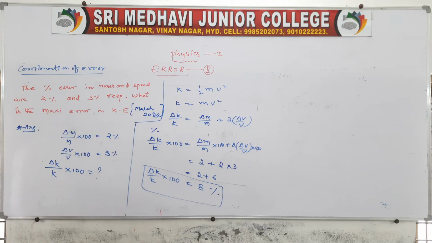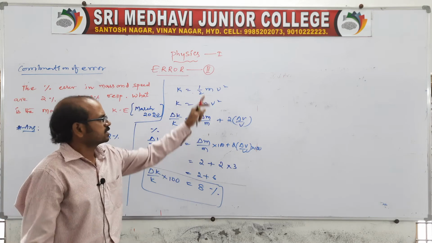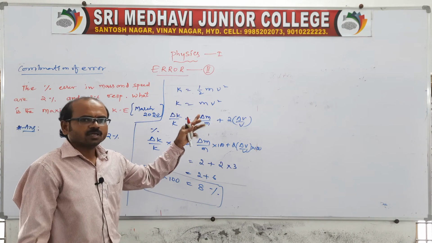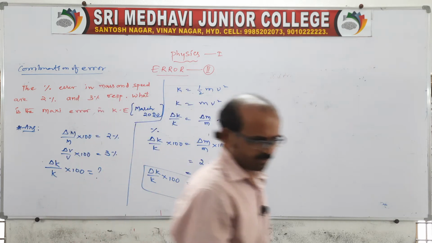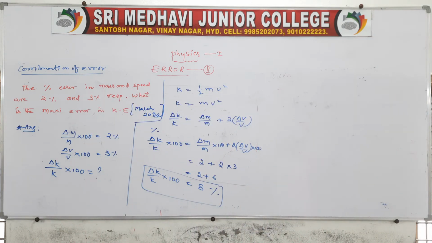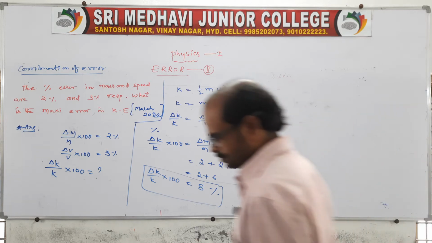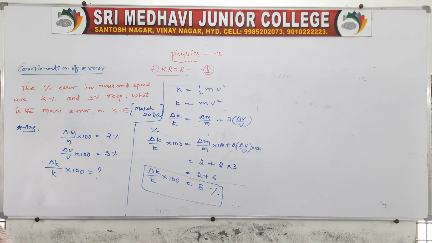This is the method in multiplication. Actually the power is also there, but I will show you in the next problem how to handle power. This is the problem which is very important.